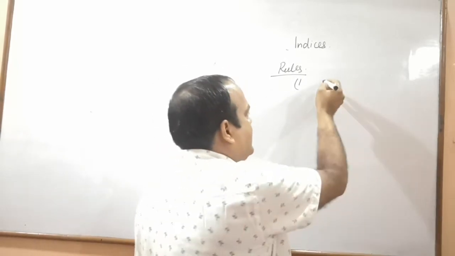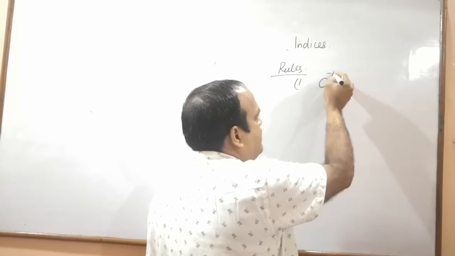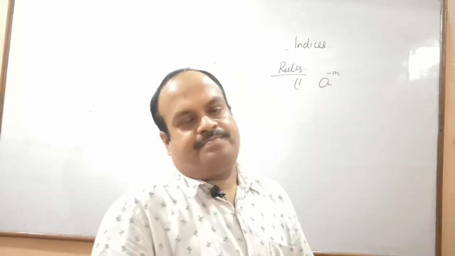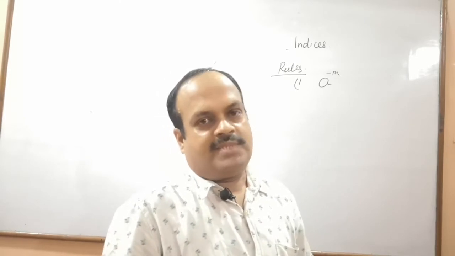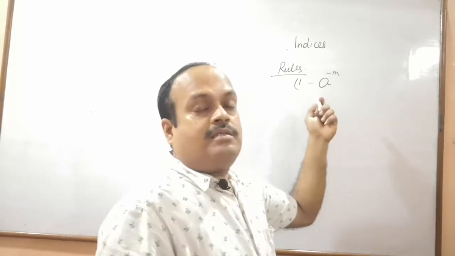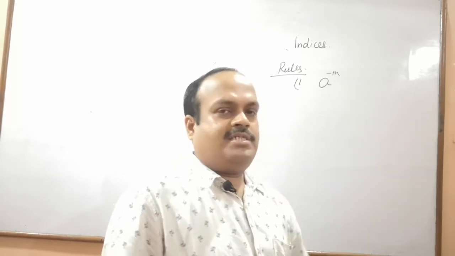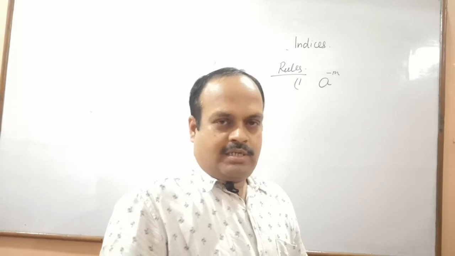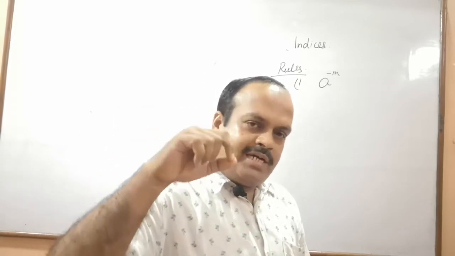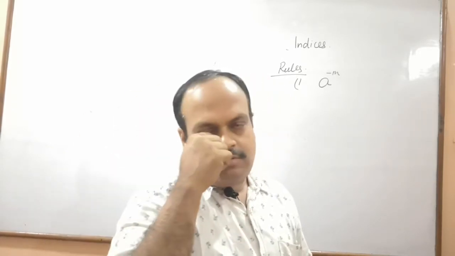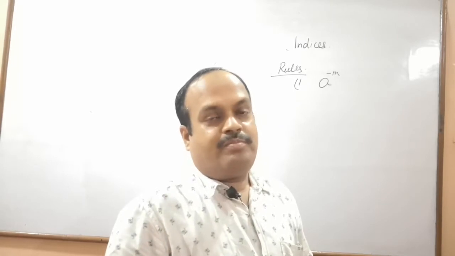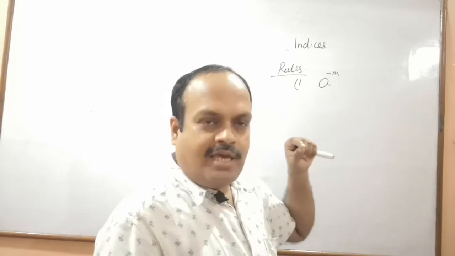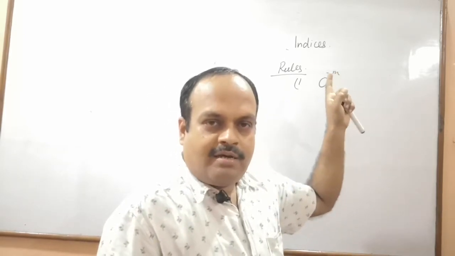If we have an exponential number with a negative power, the negative power can be changed to a positive power, but to make that power positive, you have to make a change in the base. What is the base here? A. What is the power here?